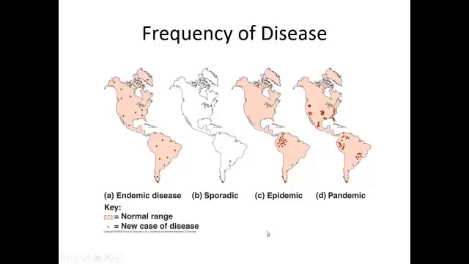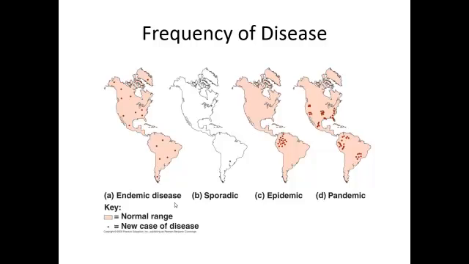Taking the incidence data and the incidence and prevalence data for chronic diseases, we can look at the frequency of diseases over geographic areas. So let's talk about endemic disease. These are diseases that are in a given area at a standard rate, and it's considered normal.